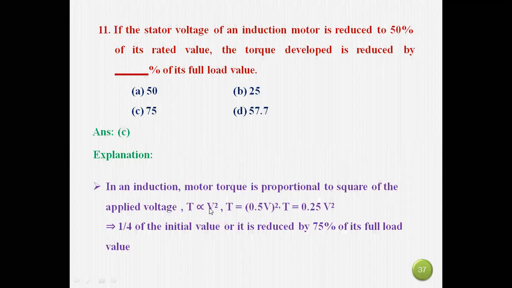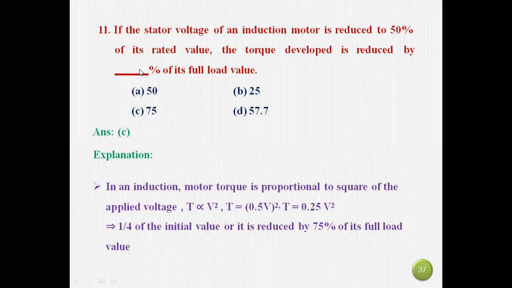And here we are taking that the voltage is reduced to 50%, so 0.5 squared is 0.25. That value is nothing but 1/4 of the initial value. So 1/4 is 25%, meaning a 75% reduction. You will get the 75%. It is reduced by 25%.